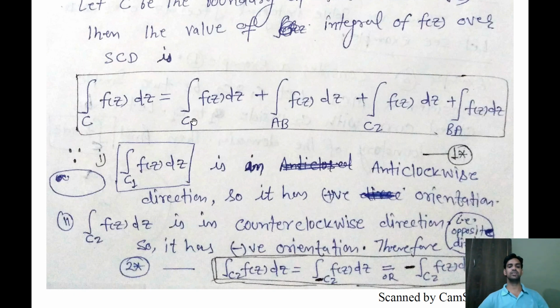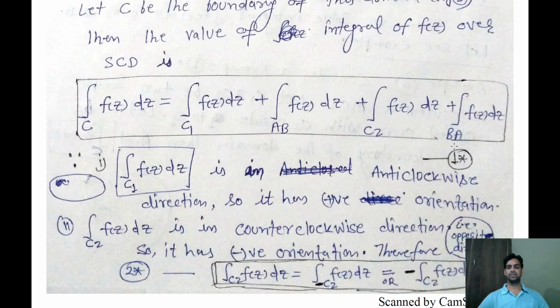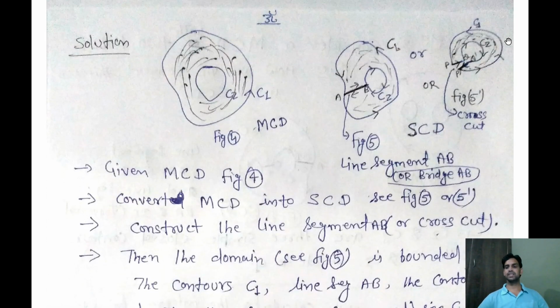What is the meaning of the integral over C1, the integral over AB, the integral over C2 and the integral over BA? First reason is that we are taking the integral of f(z) over the bounding curve of this domain, and this is equal to the integral of f(z) over the curve C1, plus the integral along this line segment, plus the integral along the contour C2, and plus the integral along the line segment BA.